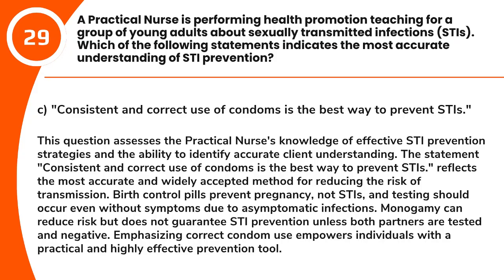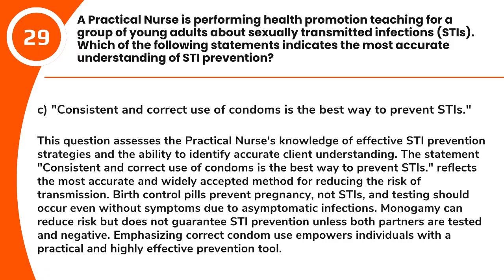Answer: C. Consistent and correct use of condoms is the best way to prevent STIs. This question assesses the practical nurse's knowledge of effective STI prevention strategies and the ability to identify accurate client understanding. The statement "consistent and correct use of condoms is the best way to prevent STIs" reflects the most accurate and widely accepted method for reducing the risk of transmission.